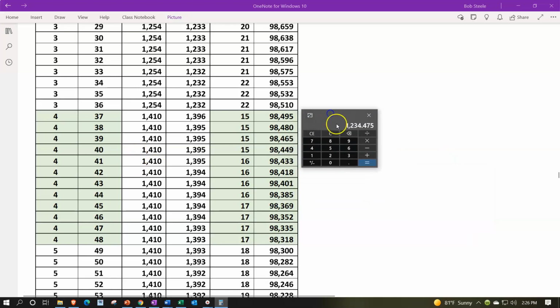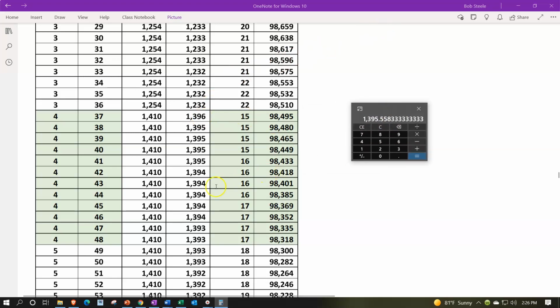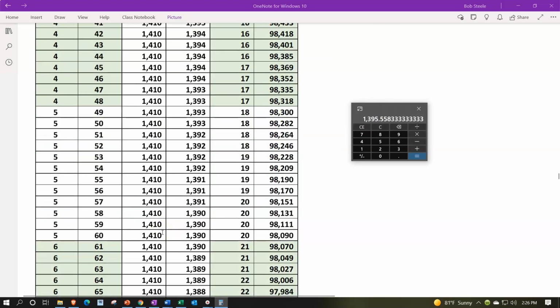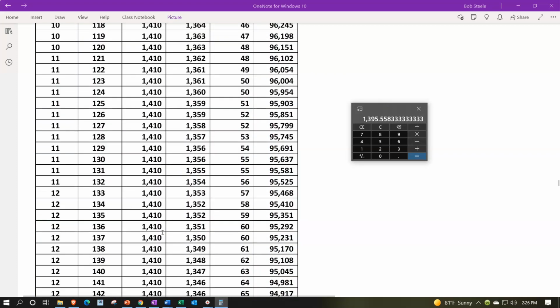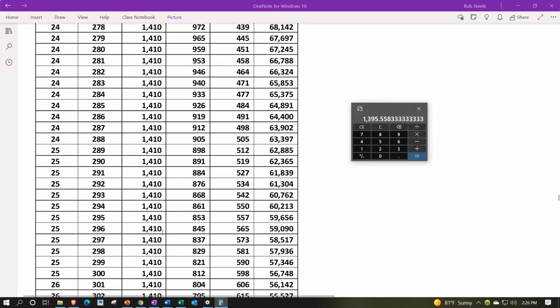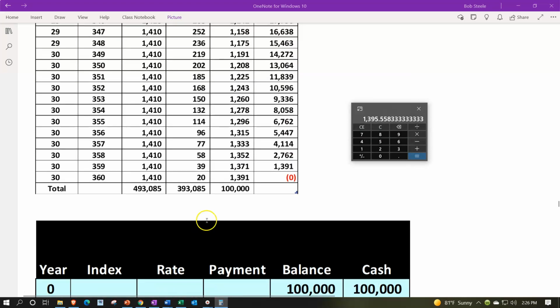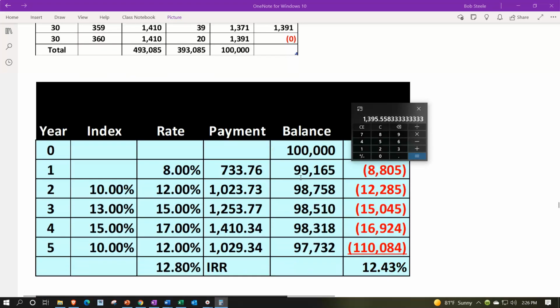So if I took this prior balance here, which is the 98,510 times 0.17 divided by 12, we get the 1396 about. And if we didn't know what happened in year 5 and we copied all these payments all the way down, and the new interest calculation, again, this whole thing should work out, even though it's getting kind of funny looking, but it still fully amortizes. So that's kind of nice.